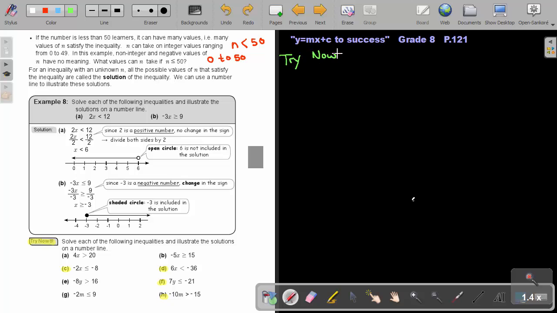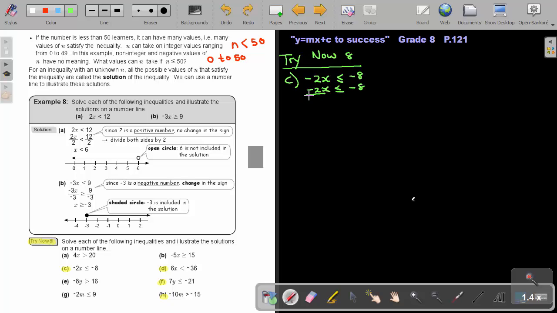Try now, and that is going to be Try Now 8. We are going to start with number C. In this case, it's negative 2x is smaller than or equal to negative 8. Now, this is already a negative. As soon as I see it's a negative, I prefer to rewrite it.